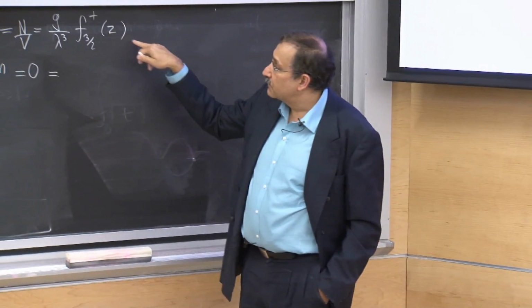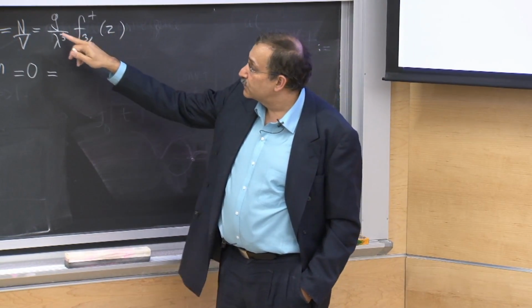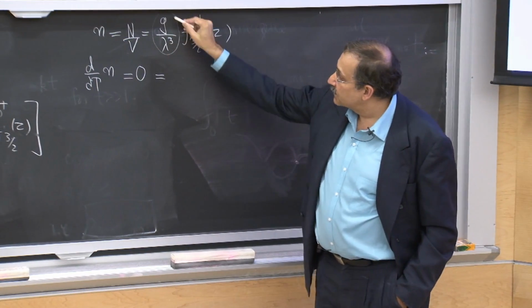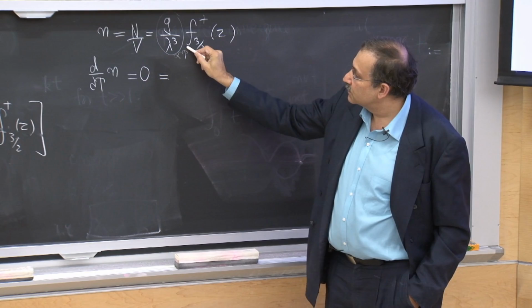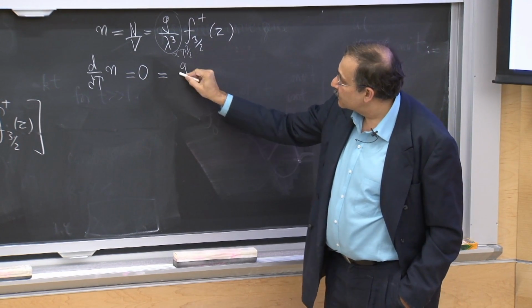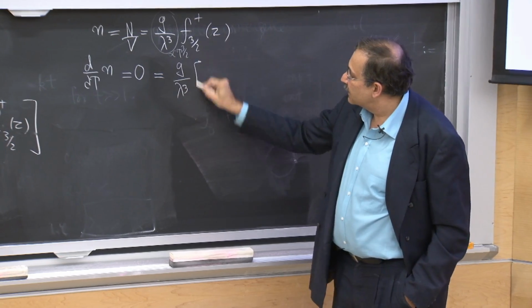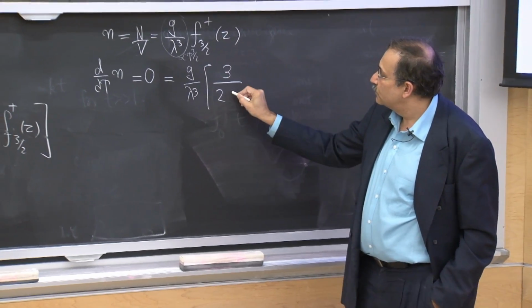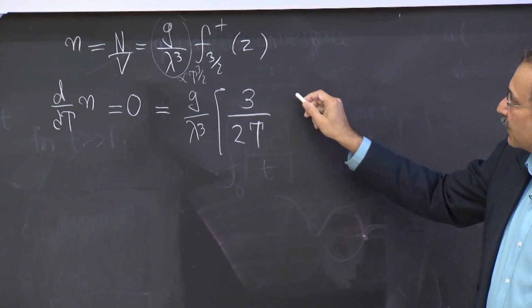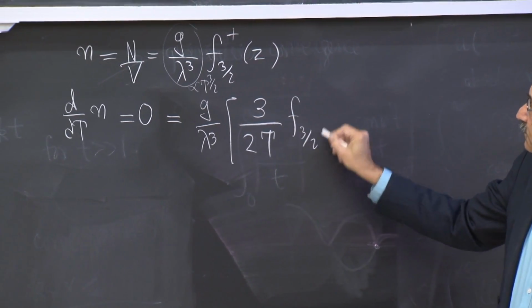And then what do I have over here? I have to take the temperature derivative of this. There's an implicit derivative here since this is proportional to T^{-3/2}. So when I take a derivative, I will get minus 3/(2T) times f_{3/2}^+(z).